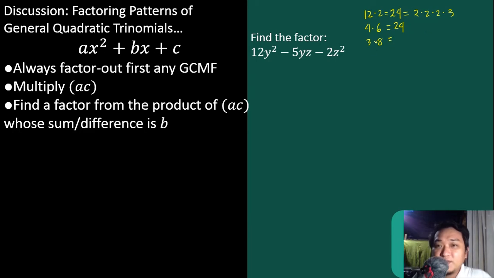Now, pagka nahanap na natin yung factor na pwedeng maging 5, pwedeng stop na tayo doon. So in this case, nahanap na natin yung factor ni 24 that could result to 5. That is 8 and 3. How? Si 8 and 3, pag minus mo, magiging 5.